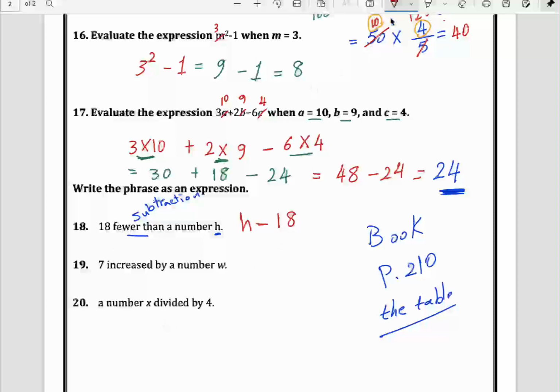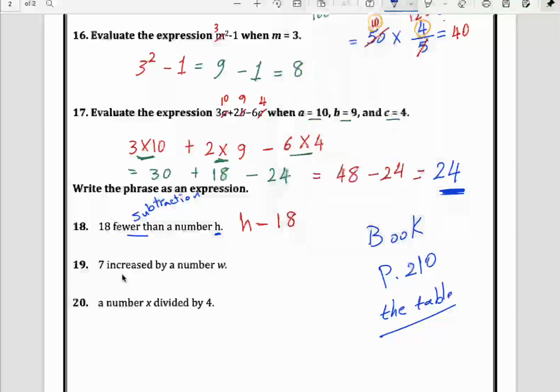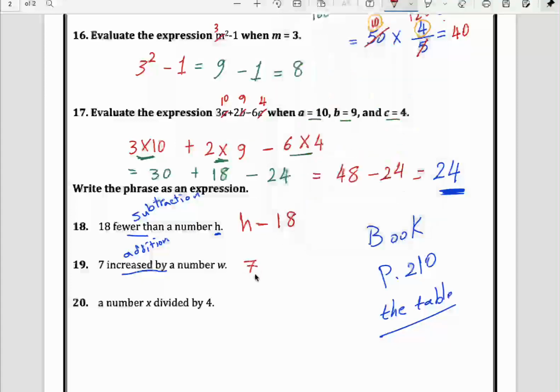In question number 19, increased by means addition. And 7 increased by a number w, so we start with the 7 and we add the w.